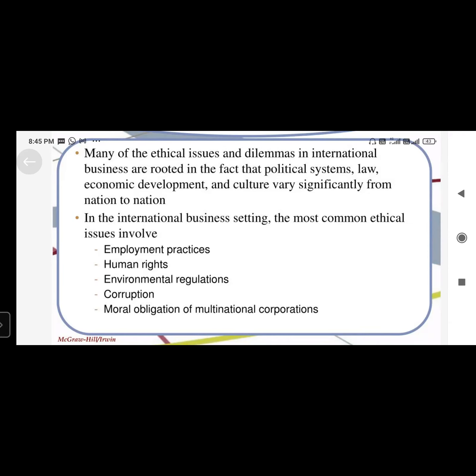So the employment practices which are being practiced in India may be different from the practices which are being practiced in US companies. And because of this, there can be some ethical issues involved.